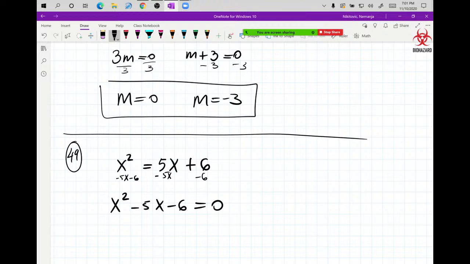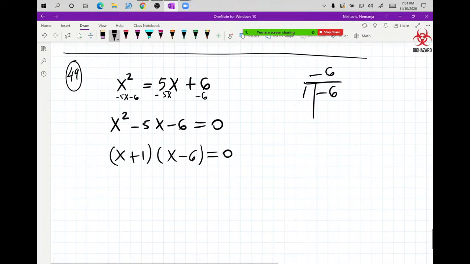Is it 1 and -6? 1 and -6. Okay. So 1 and -6, they multiply into -6, they add to -5. Perfect. So x plus 1, x minus 6, and everything equal to 0.